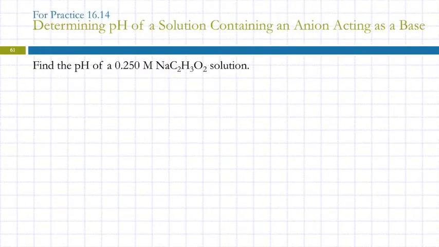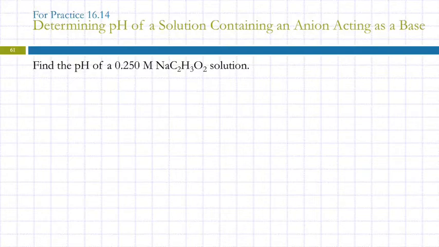Determining the pH of a solution containing an anion acting as a base. Okay, so find the pH of a 0.250 molar sodium acetate solution. Well, let's look at the chemical equation for this acting as a base. Is this sodium going to do anything? No. So let's leave it out. It's a spectator ion. It's going to make things muddy.